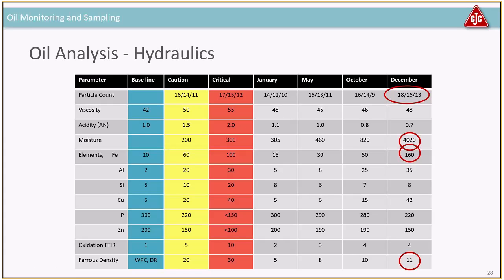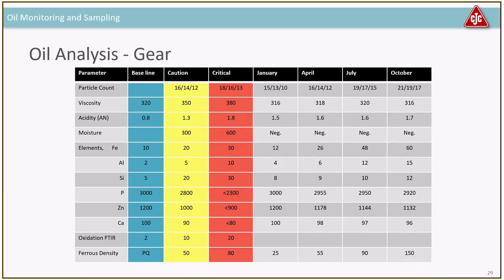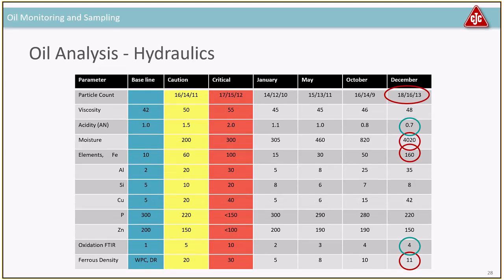So in this specific case, you cannot see much on the ferrous density test. The acidity is being reduced, because you're washing out additives when you're getting so much water in, and the varnish level you can see increasing, and so on. So this is what you can use a sample for in a hydraulic system.